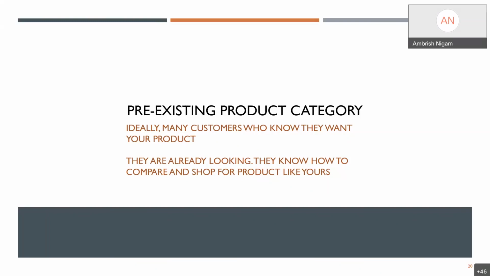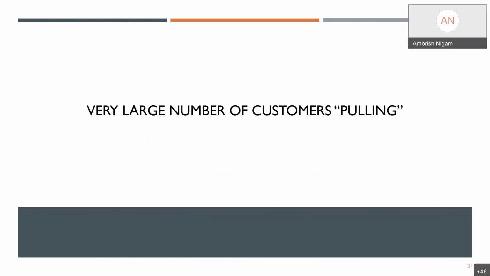However, these companies came to dominate those markets because they came in early when the dynamics were still developing, and the market grew, but it was also clear what they offered, and they developed something that was very much a killer for the competitors. So a very large number of customers getting pulled towards your product is a very sweet spot.